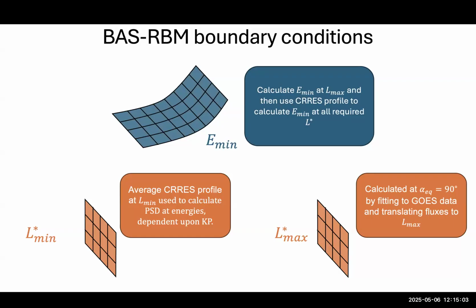So we have the structure of the Ceres profile, but using the flux that we calculated at the Lmax on the EMIN. So those are the main inputs that we have into BAS RBM.